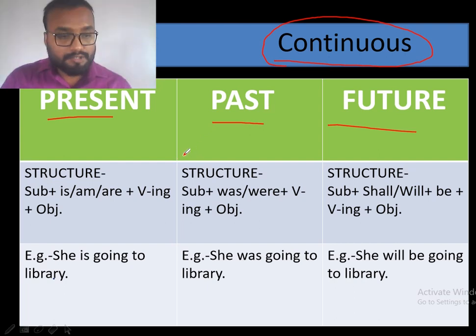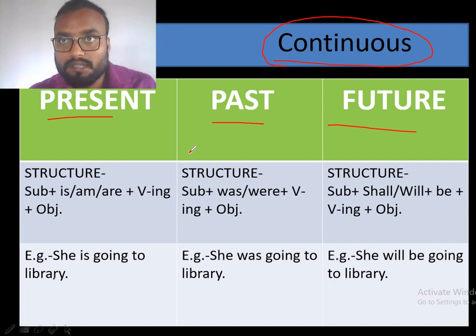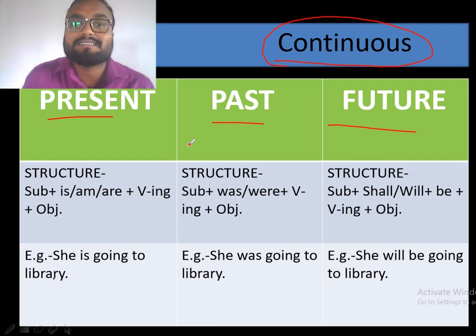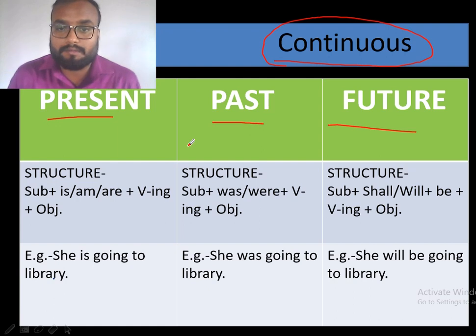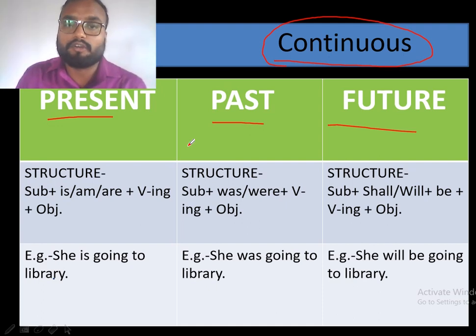And another feature of this continuous tense is that it does not specify for how long that action has been going on. I said I am teaching grammar. I did not say for how long I am teaching grammar. Right now whatever the action is going on, I said that. So this is the meaning of continuous.